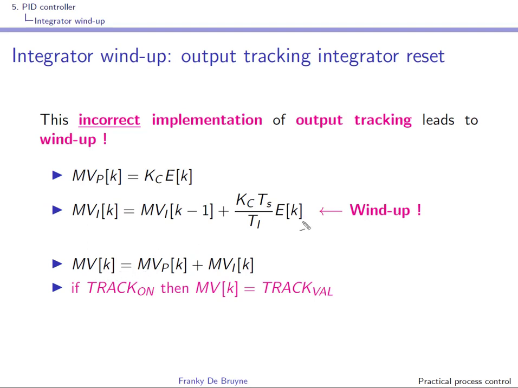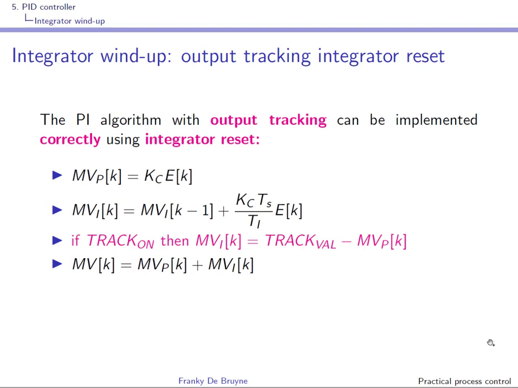If the controller sees an error, if this error is positive, this one will wind up to a very large value, and if it is negative, it will wind up to a very large but negative number. So this is called wind up, and this is explaining why clearly this is a naive idea and this is not the way to go.